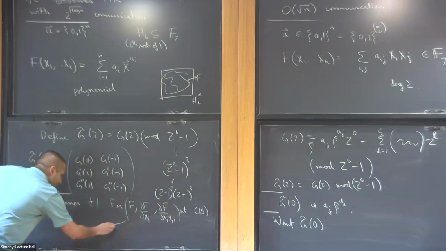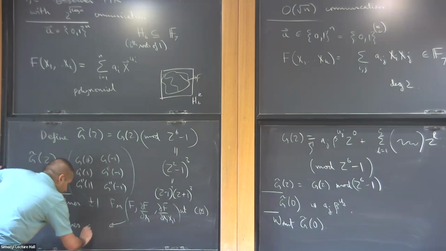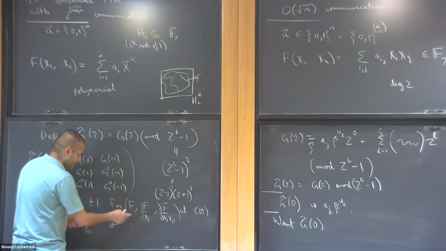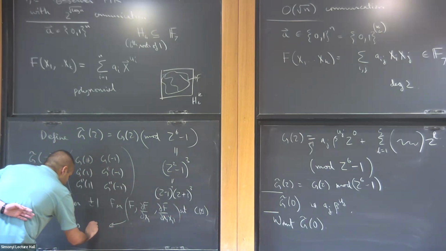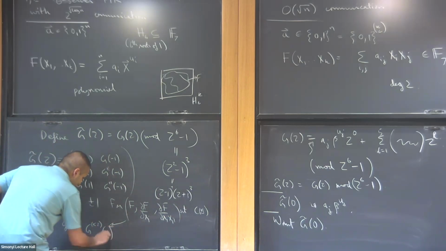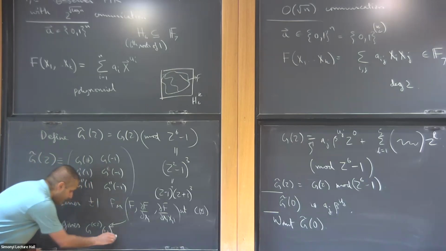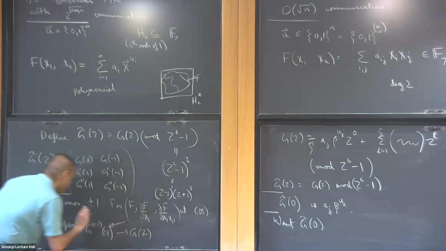From this, you use the chain rule, plug in, and get G's low order information of order less than 2 at 1 and at minus 1. I'm sorry, I meant G tilde.